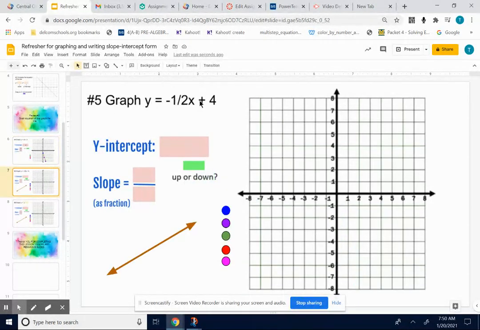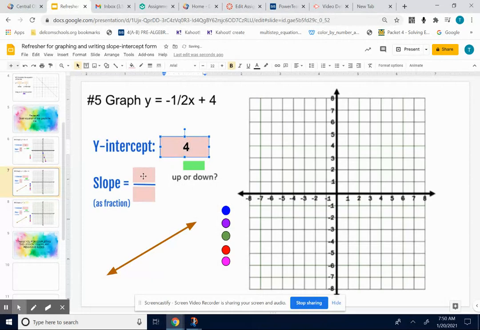Okay, look at the y-intercept and slope first. The y-intercept is the number at the end. It's a 4. The slope as a fraction is -1 over 2, and that already is a fraction. And now we just use these two things to graph.